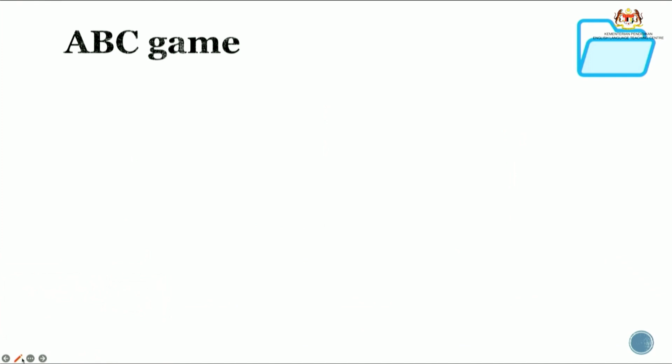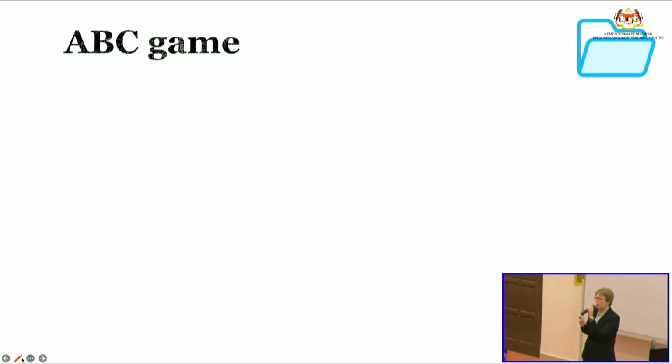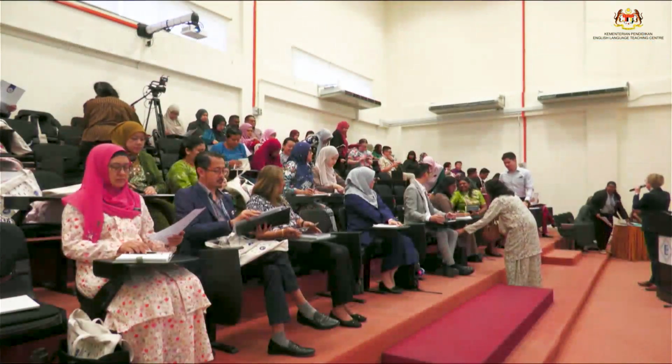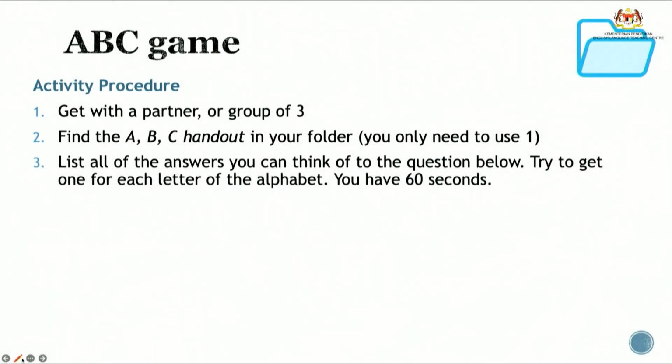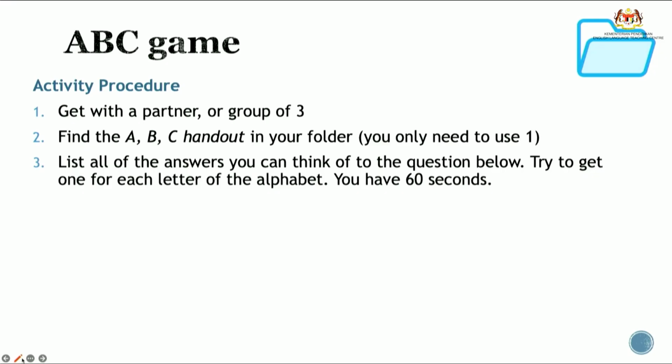Okay, so now I'm going to ask you to look in your folder. So you should have a handout that has the alphabet on it. You're going to be doing this with a partner, not your whole group. So for you and your partner, you only really need one paper out. So we're looking for this handout.